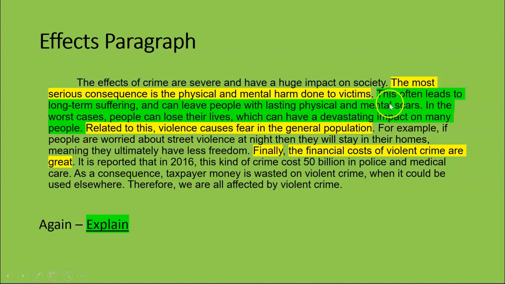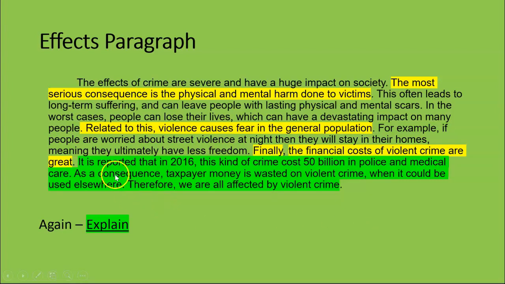So I explain the long-term effects of violence in the first point. In the second point, I use an example. Examples are very good for academic writing. And then in the third point, I use another statistic and a bit more explanation.